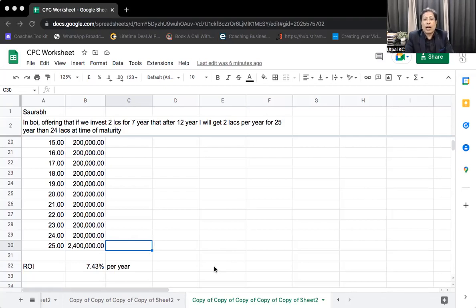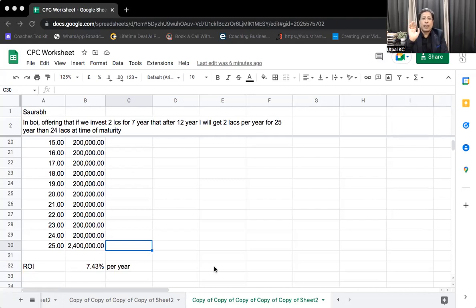Now Arunava's question is, since FD also gives a similar kind of return, but it is taxable, whereas this particular investment is not taxable, it is tax exempted. So he is asking whether this is proper or not.